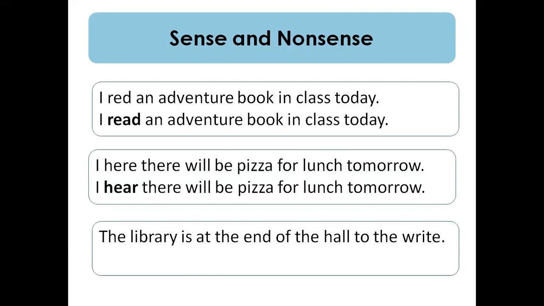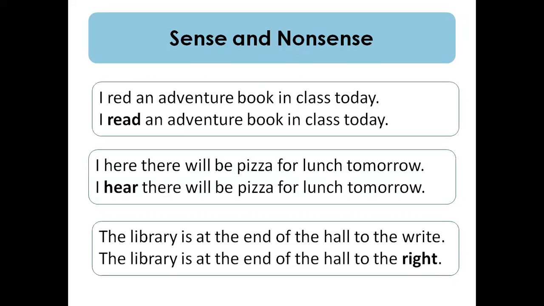Can anyone identify the homophone word in that sentence? Right. Correct. The library is at the end of the hallway to the right, meaning a directional word. So now these sentences make more sense. They're not nonsense.